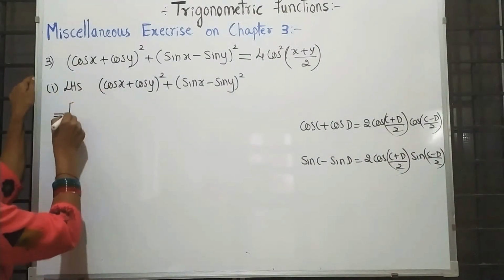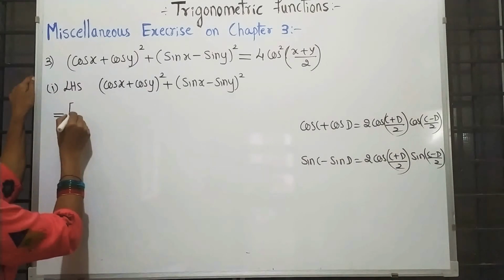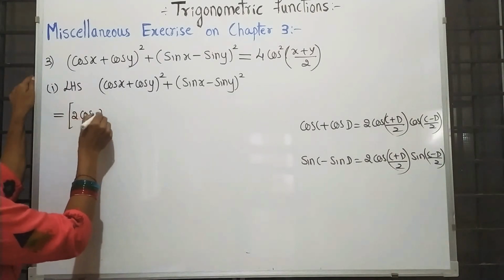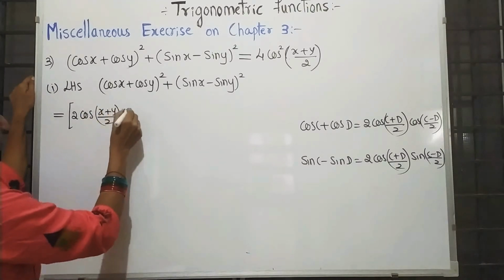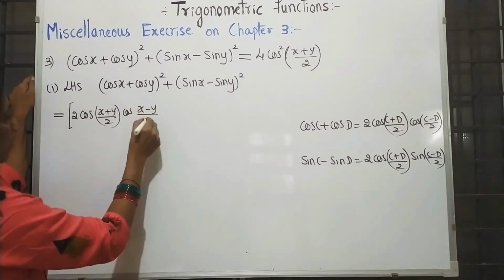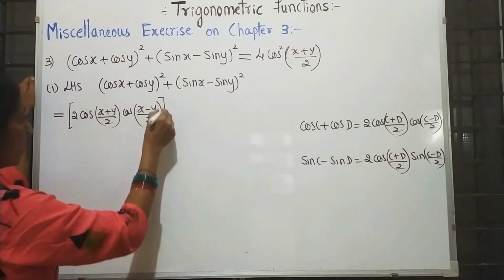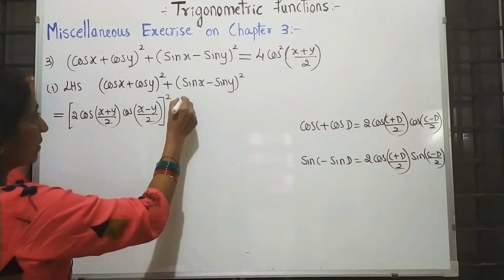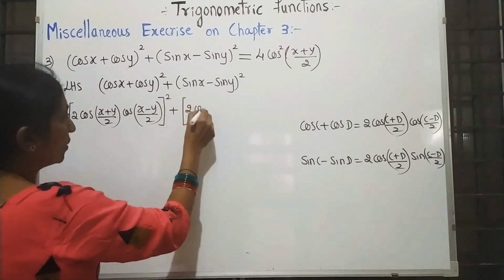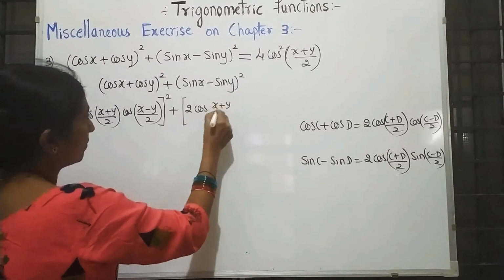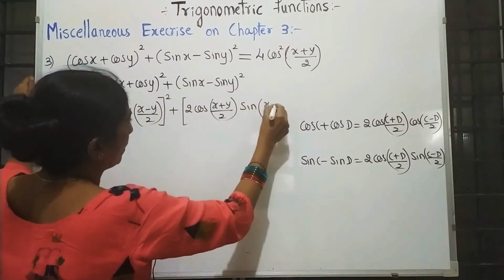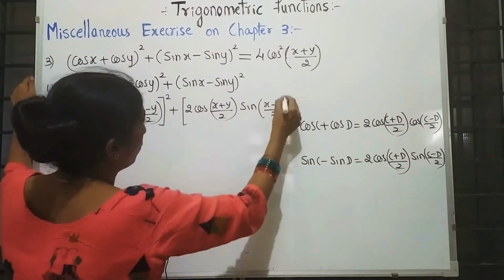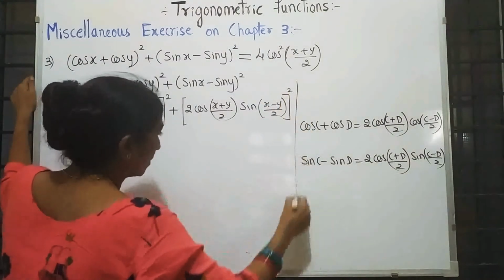Under bracket, outside whole square is there. 2 cos x plus y by 2 into cos x minus y by 2 whole square plus 2 into cos of x plus y by 2 into sin of x minus y by 2 whole square. Understood?